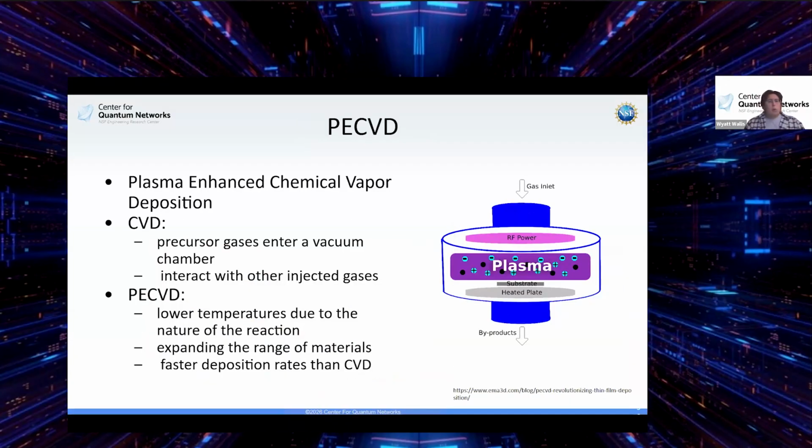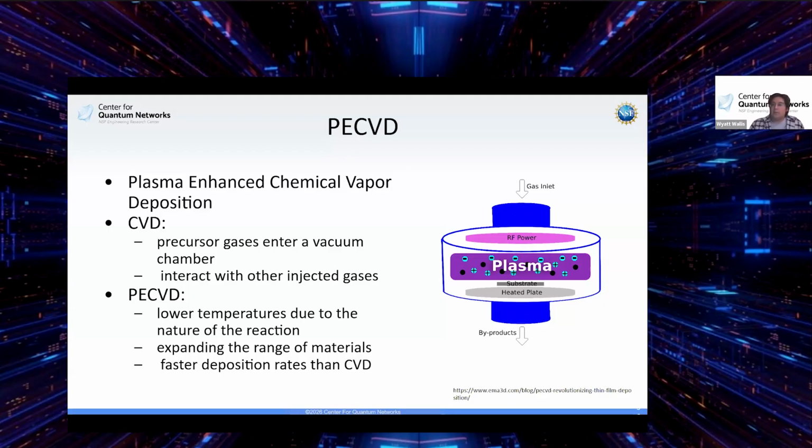Next is PECVD. It's a little bit more complicated. We're going to focus a little bit more on plasma enhanced CVD, but the main idea is still the same. In normal CVD, you're going to put your substrate in this chamber. It's going to pump out, put your substrate in vacuum, and then it's going to pump in some precursor gases.